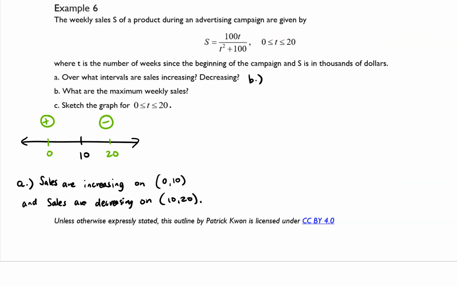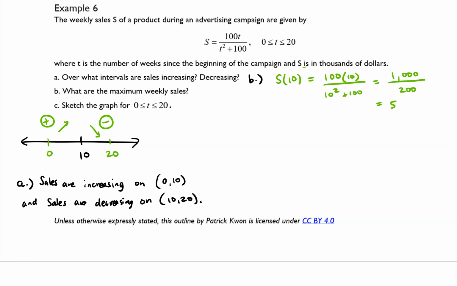So part B says, what are the maximum weekly sales? Well, we know from our sign chart that our function is increasing and then decreasing. So that means that there is a relative maximum when our t-value is 10. So let's go ahead and plug 10 into our original function and see what we get. 100 times 10 is 1,000, and then 10 squared is 100 plus 100 is 200, and that simplifies to 5.